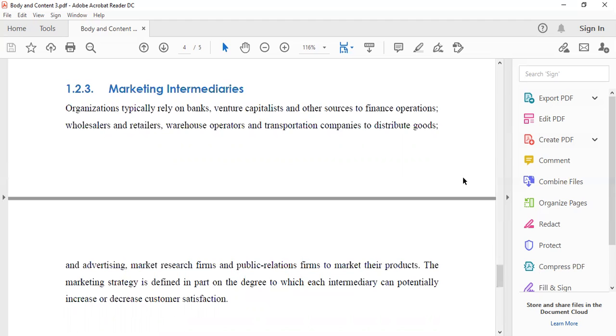In as much as they may have their own guidelines, the intent or the interest is that they should meet your requirements. So the marketer can exert reasonable influence on the marketing intermediaries to be able to meet his own objective.